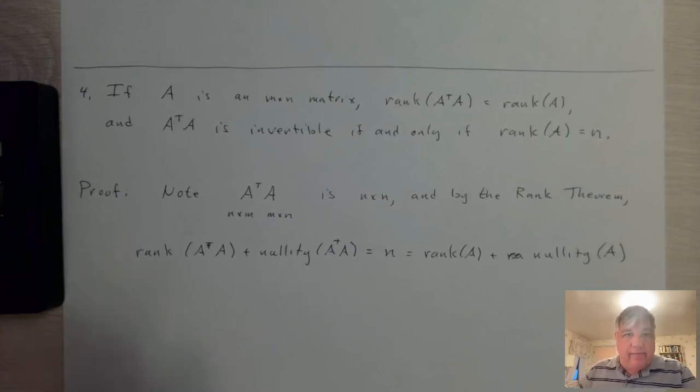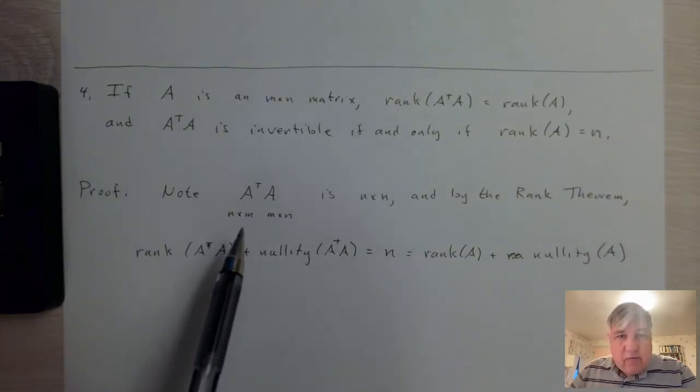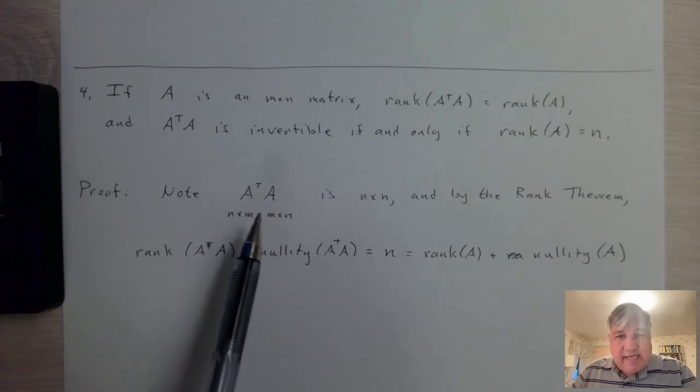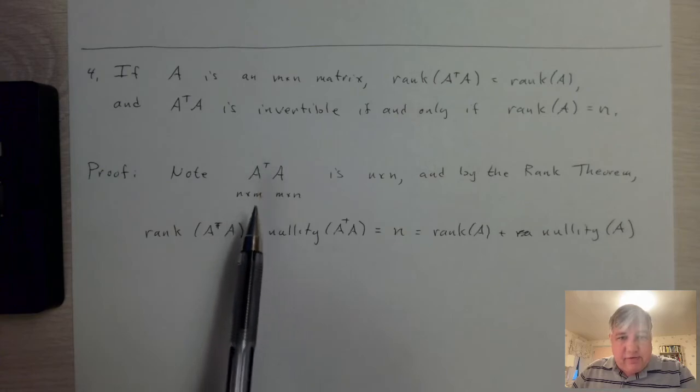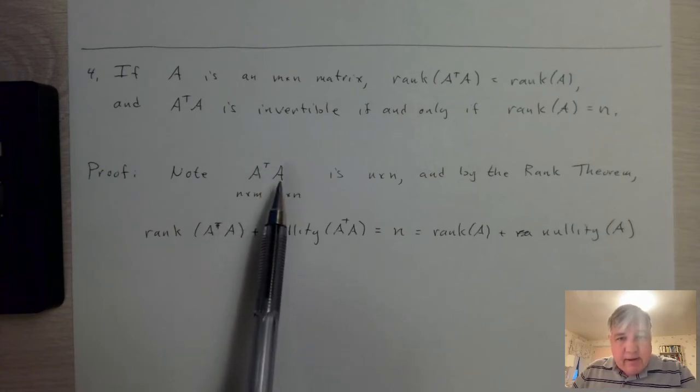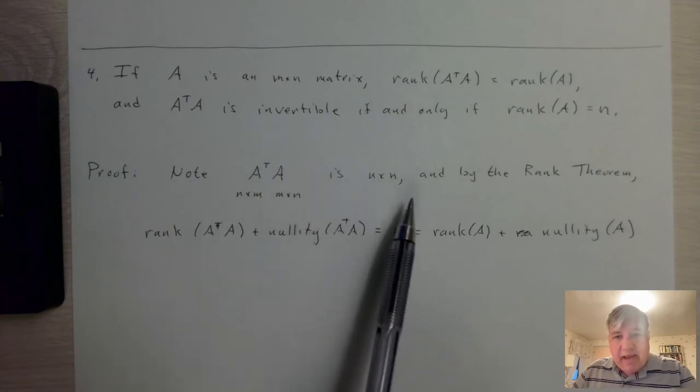First of all, we can check that A transpose A is a square matrix. A is m by n, and A transpose is n by m, so the product is n by n.